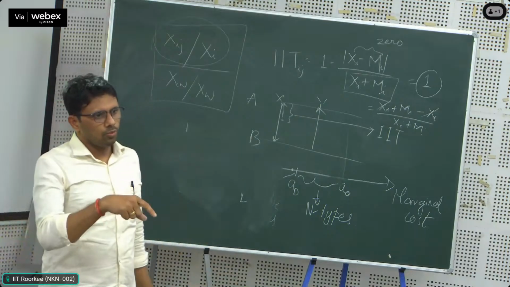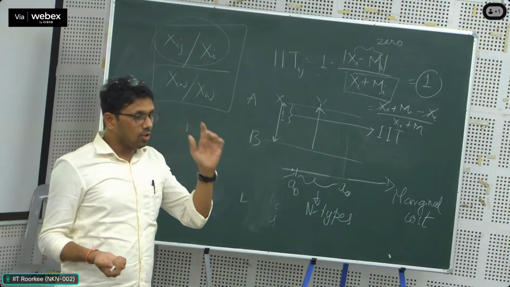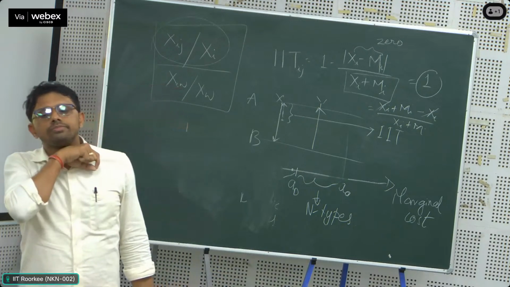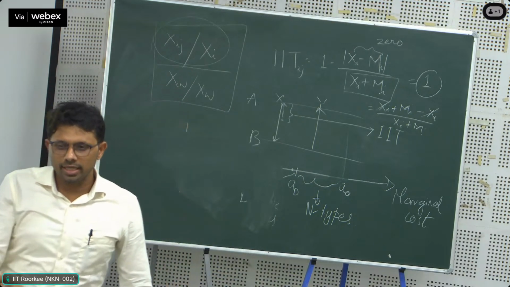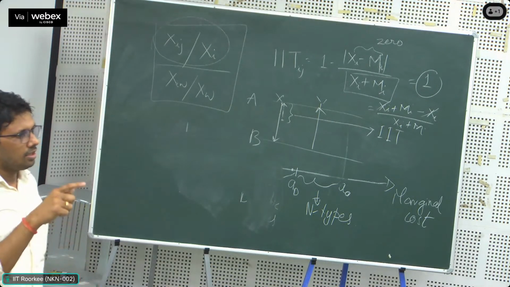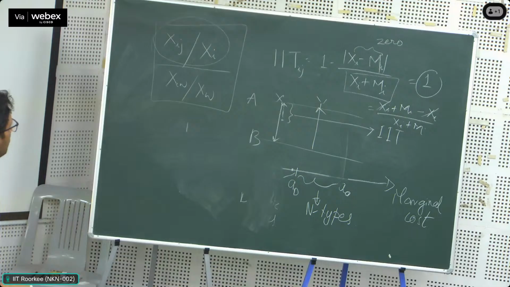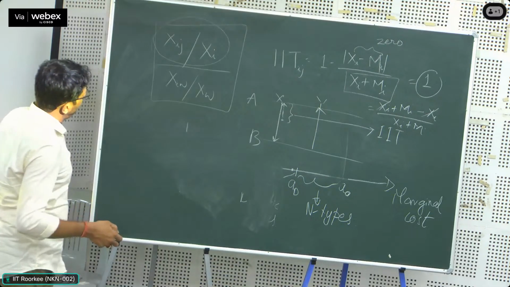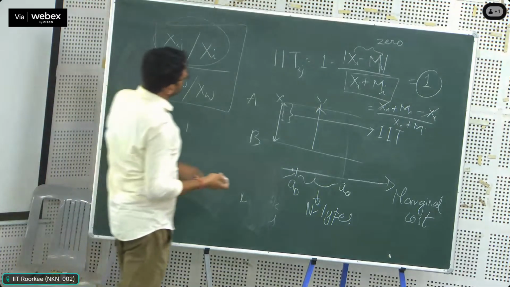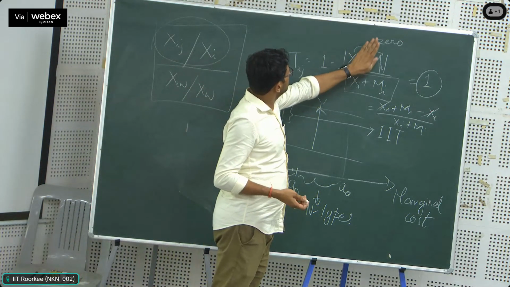First of all, we are exporting. We are not importing. When we are exporting but not importing in the sector, the IIT value should be 1 minus (x minus m) divided by (x plus m).